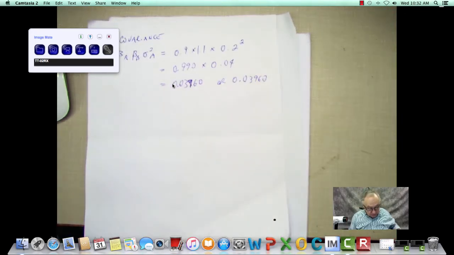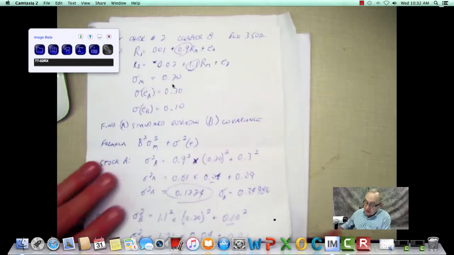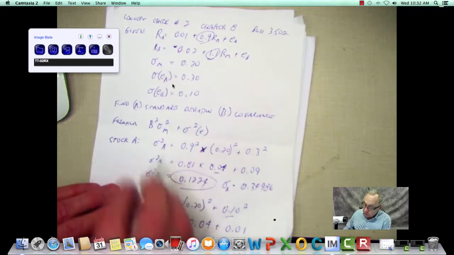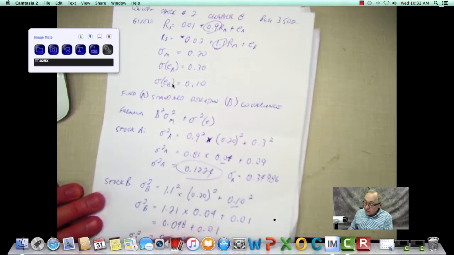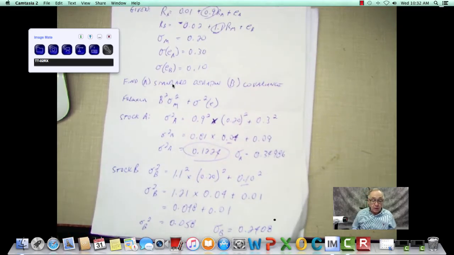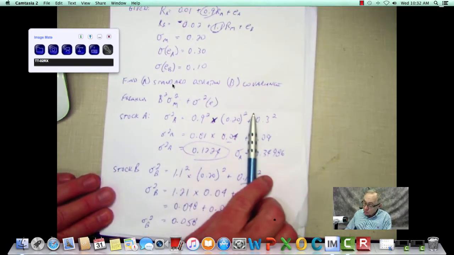Pardon my interruptions as I organized everything, but that gives us Concept Check number 2: how to find the standard deviation for stocks using arbitrage pricing theory, and how to solve for covariance.